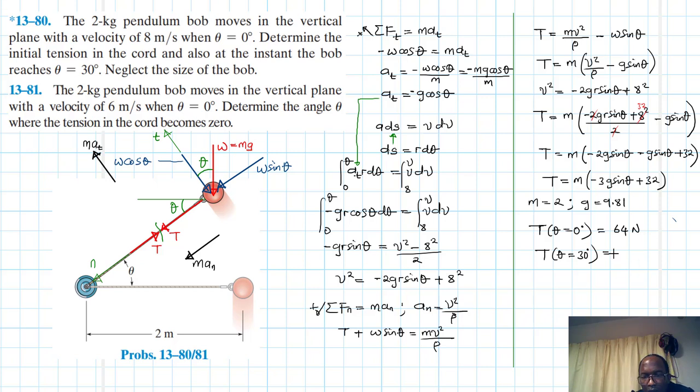So this just becomes 34.57 newtons. Right, let me just indicate this one to say this one is case 1. There are two problems here. This is case 1, which is 13-80.